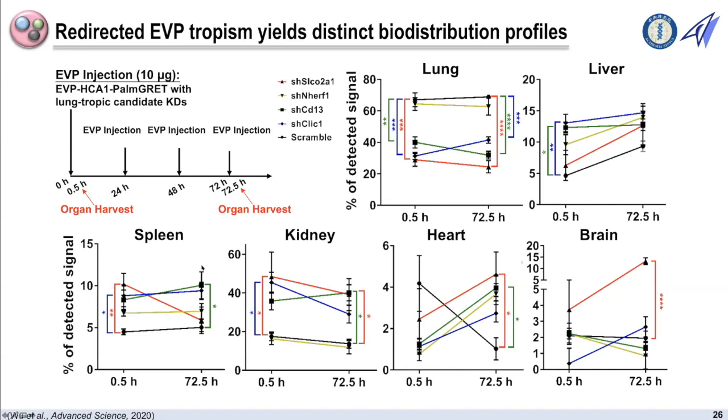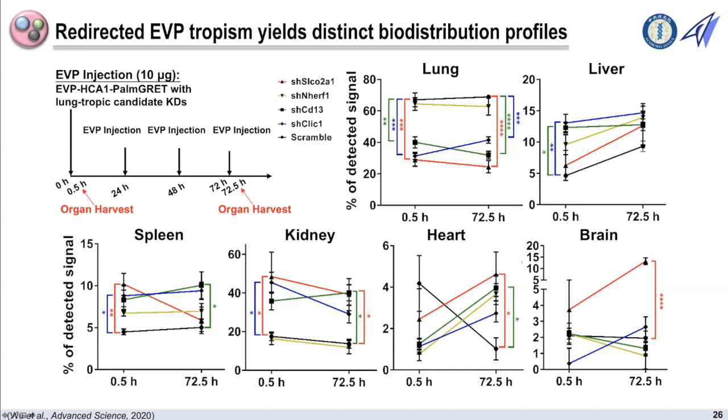So here in the spleen, we can see that SLCO2A1 shows an initial increase, and also CLIC1. And then after 72.5 hours, the CD13 knockdown shows an increase as well. And the kidney here is interesting, in that SLCO2A1 shows an initial increase, followed by a 72.5 hour increase as well.